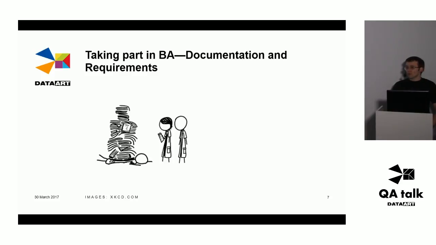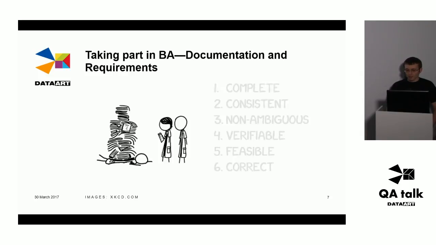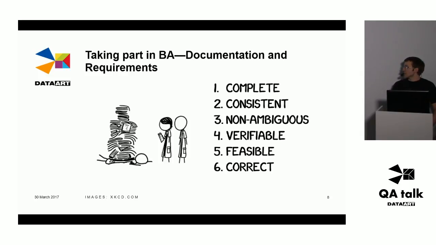At this certain moment, I can think of maybe 20 or 30 attributes of good documentation, of good requirements. But let's, for now, stop at these 6. They are pretty obvious, most of them. So documentation needs to be complete, consistent, non-ambiguous. So the same sentence should be understood by 2 different people in a single way. Documentation should be verifiable. You need to know how to test it.